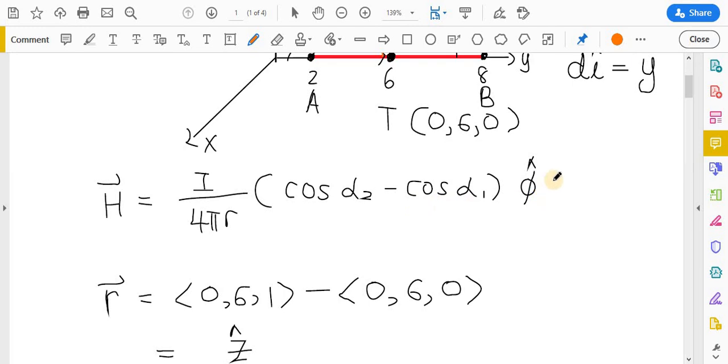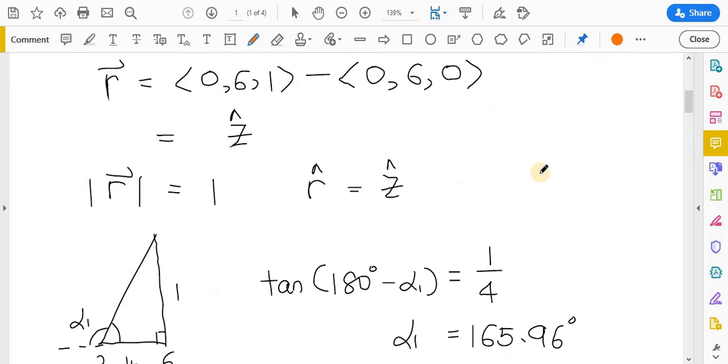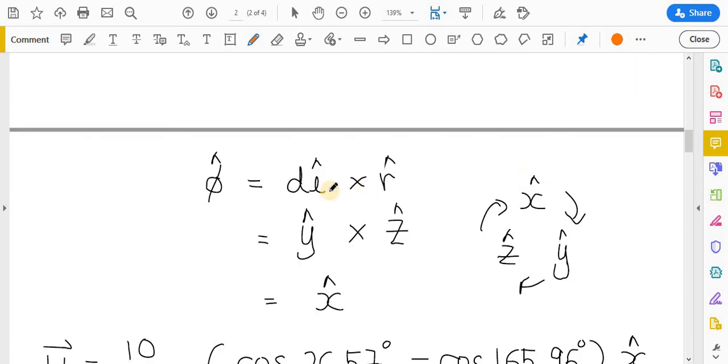Next is to find this one. This one is the direction of the current, and this one is the direction of the unit vector R that you have calculated.